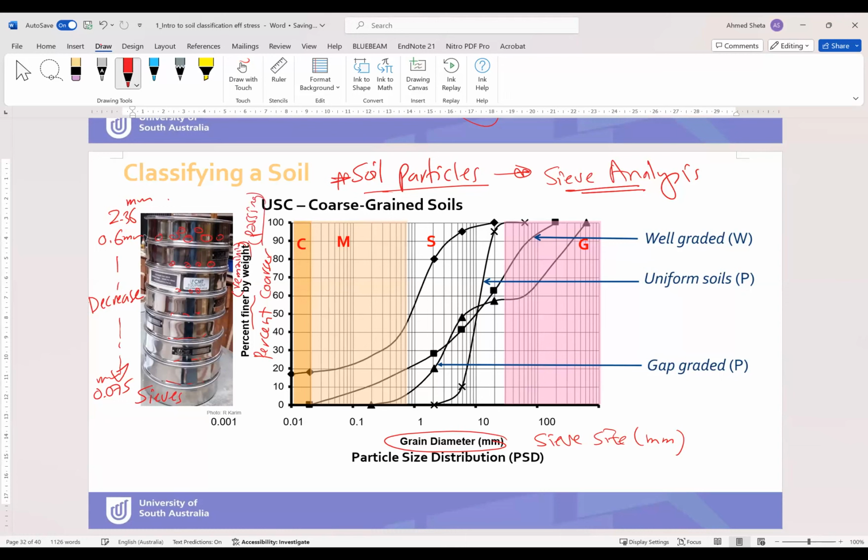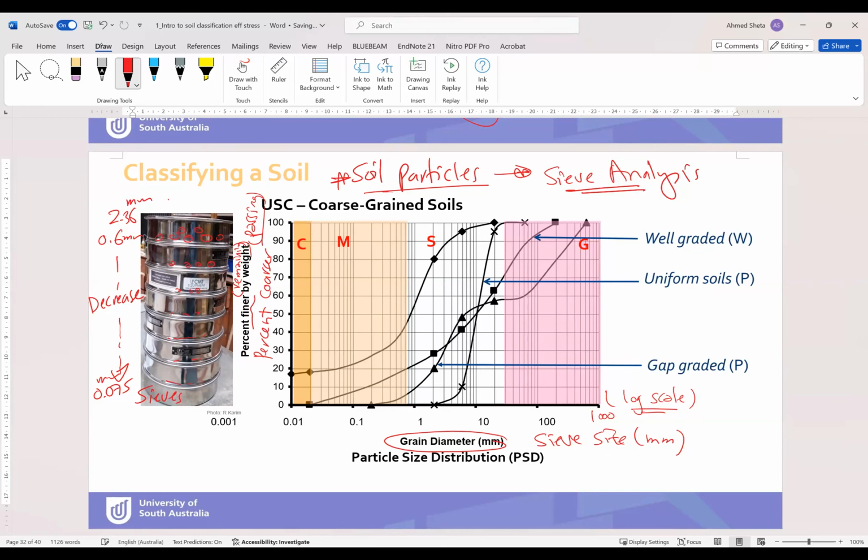So you can draw the relation between the passing percentage with the grain size diameter. Also, you need to keep in mind that this is a log scale curve. That's why you can see that the vertical axes are close in some areas and far in some areas.